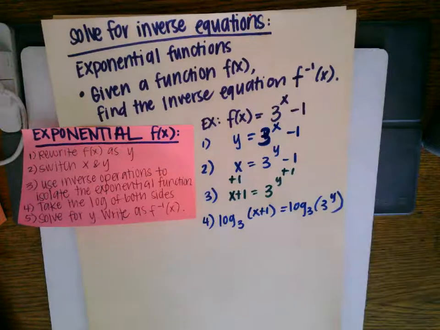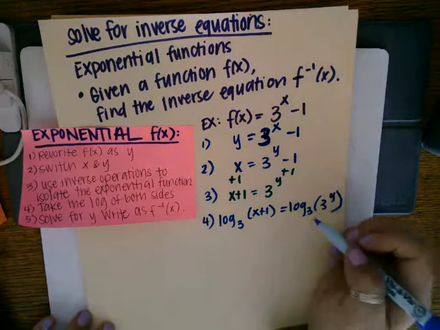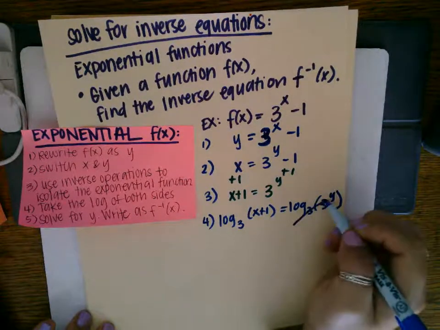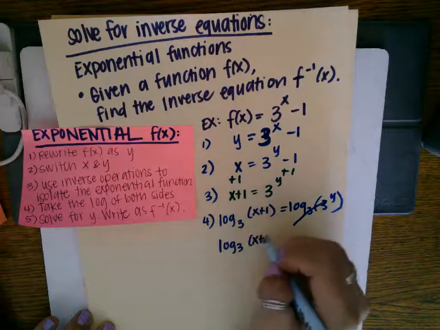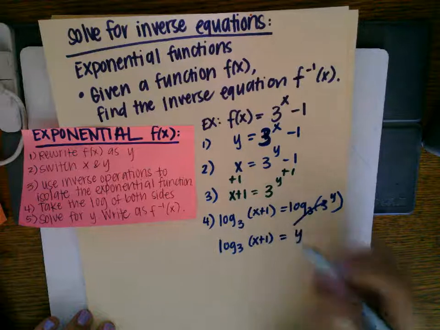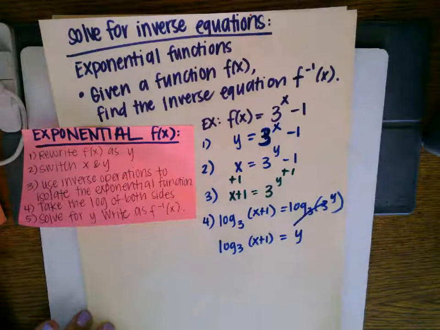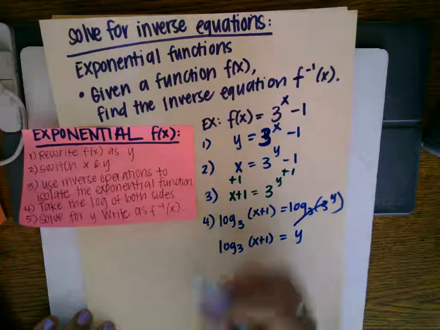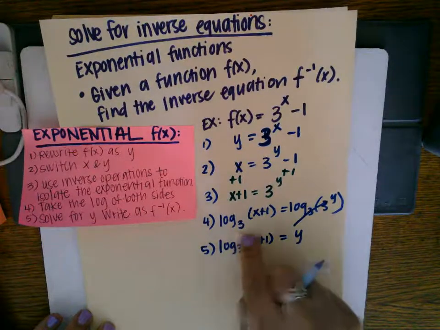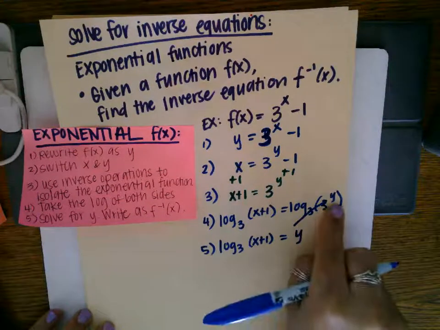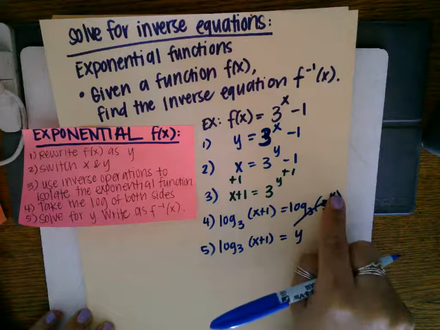When I do this, since logs and exponentials undo each other, I end up with log base 3 of x plus 1 equals y. So I already hopped all the way over to step 5 just because I used the correct logarithm to solve for y.